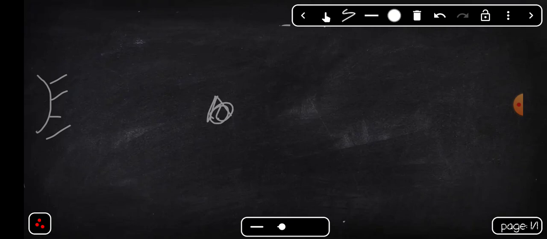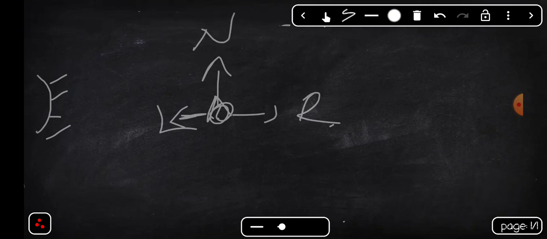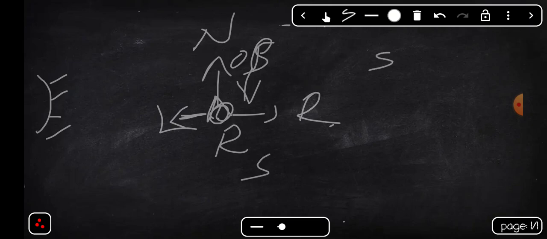That means this is the left side, and this is the right side. The shadow is on the right side. That means Radha is facing towards the north. This is Radha, here is Shanta. Shanta is facing towards the south. South is the answer.